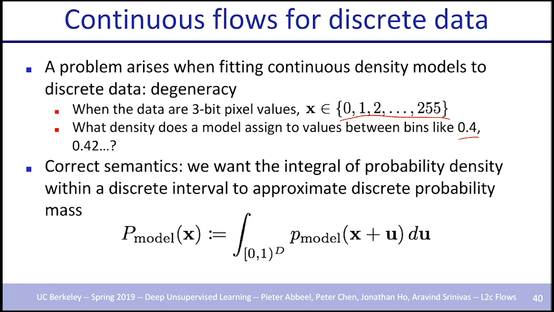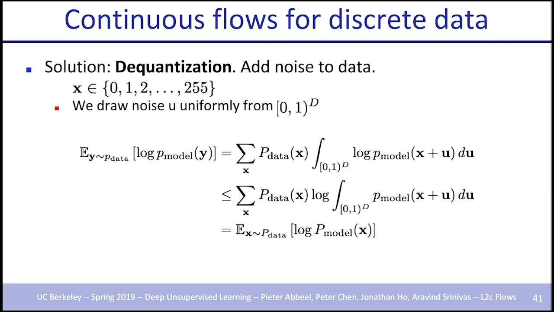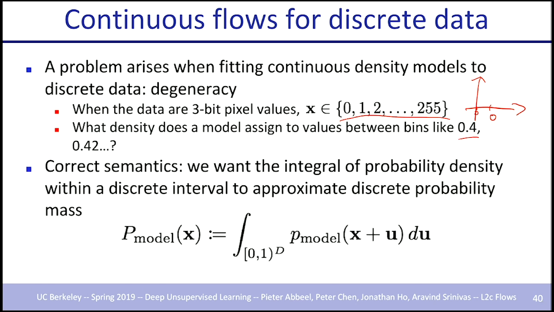And in practice, what happens is that, let's say this is 0, this is 1. If you fit a density model and you only fit it on 0 and 1, it would have a tiny spike that's only centered around the discrete values that you make it see.